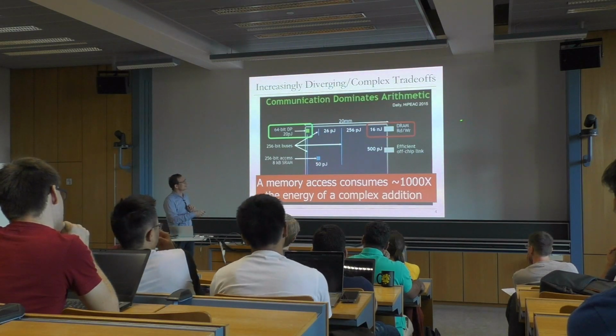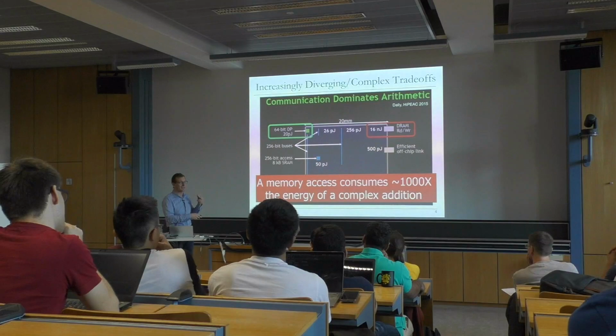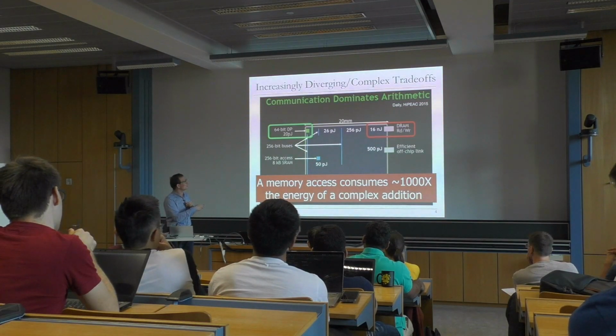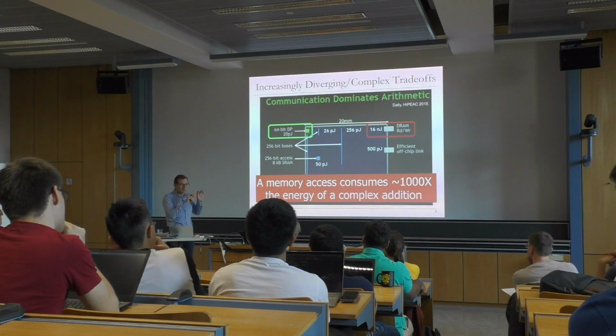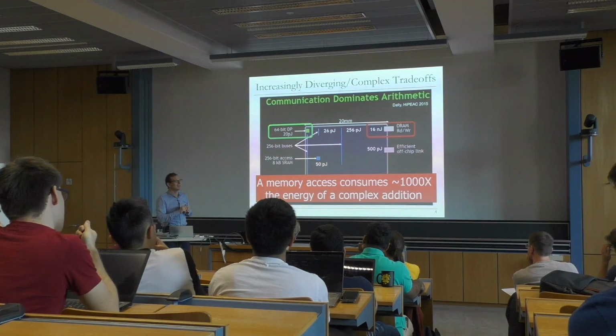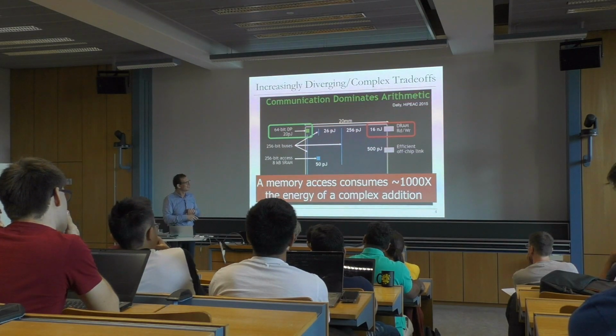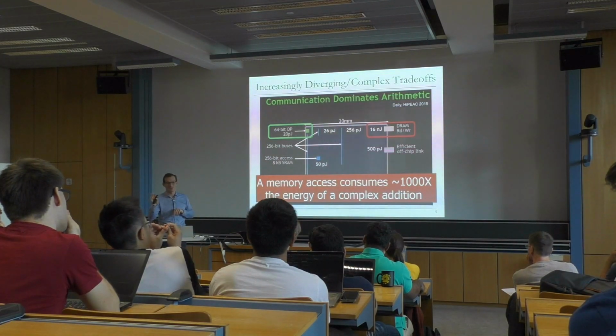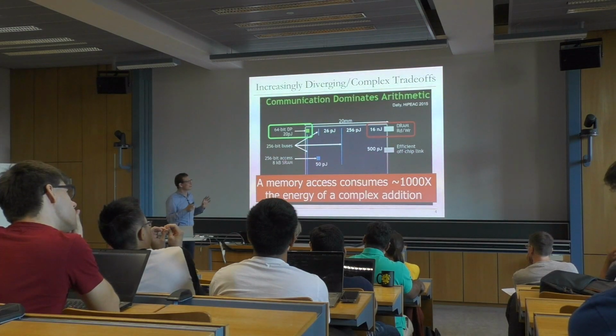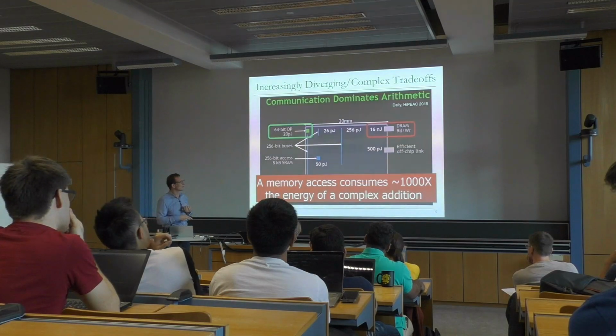Does it really make sense to do 3 DRAM accesses, 2 for reads and 1 for write, and then do a single, very simple in the sense of energy, operation like this, and waste 3 times 1000x, as opposed to pushing that operation to the memory, which is a completely different model, of course, and we're going to cover that in this course. So this course is going to cover a lot of different models, hopefully.